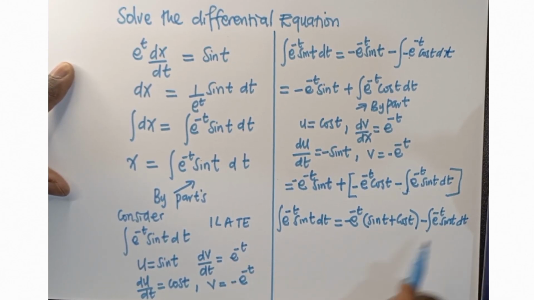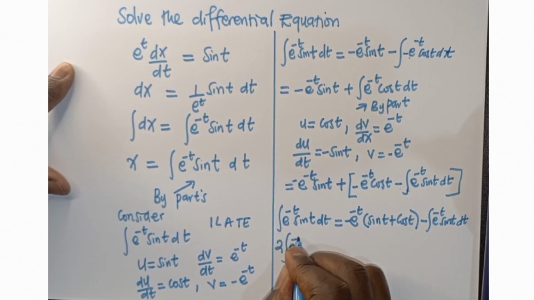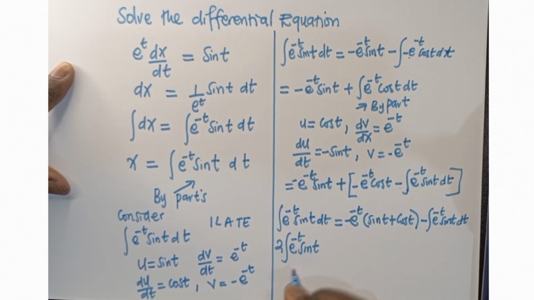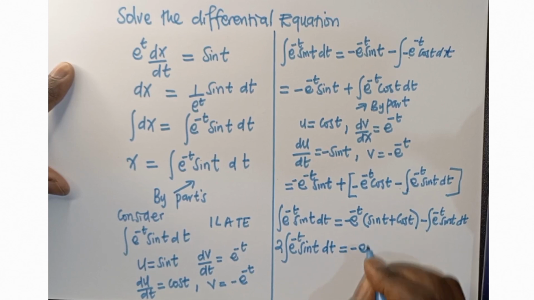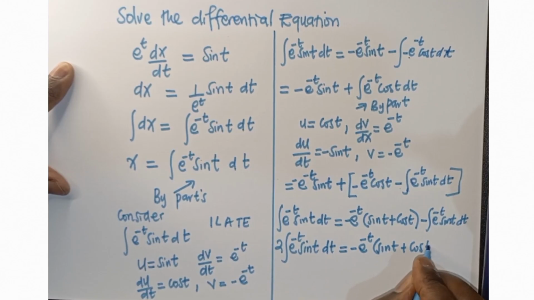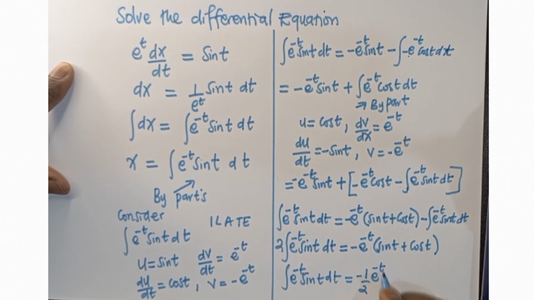So we can collect like terms together to have this as 2 times the integral of e to the negative t sin t dt is equal to negative e to the negative t, sin t plus cos t. Dividing throughout by 2, we have our integral of e to the negative t sin t dt is equal to negative half e to the negative t into sin t plus cos t.